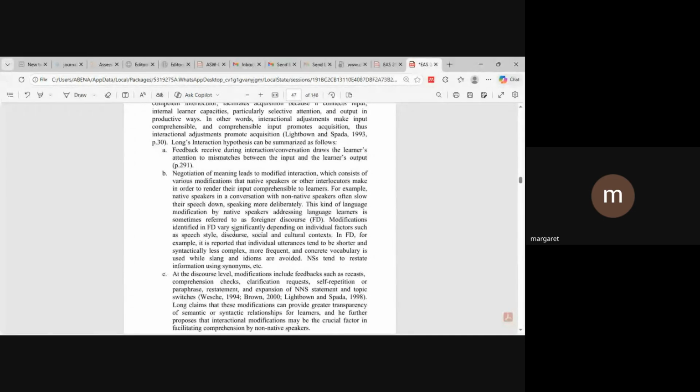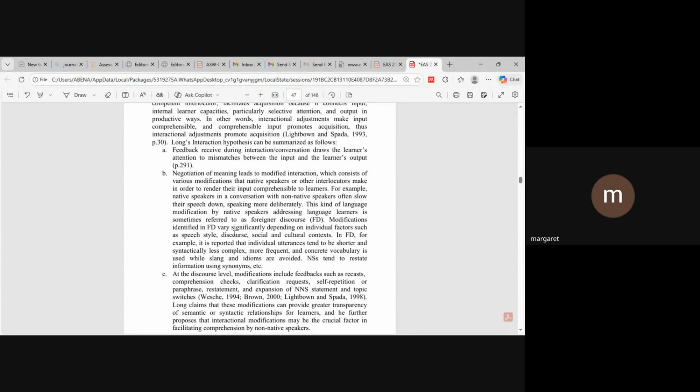And then there are clarification requests: at any point in time you can ask for clarification concerning an input during communication. You can also do self-repetition to ensure that the people listening are getting what you are saying. You can paraphrase and restate. All of these are things we do during interaction that help people get the input. So we can try them in the classrooms.